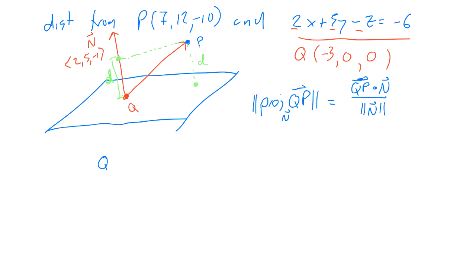QP is P minus Q, which is 7 minus -3, or 10, 12 minus 0, and -10 minus 0.